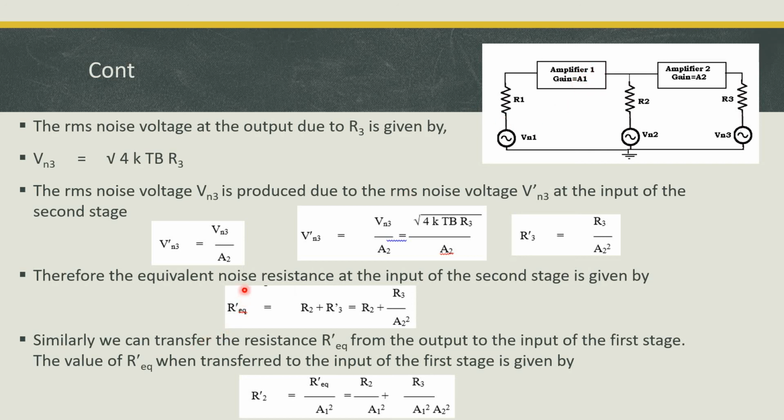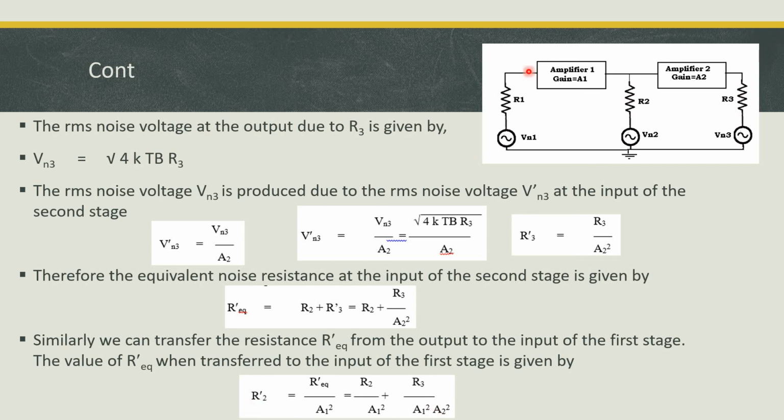So now total R equivalent divided by A1 square. You know that R equivalent is already calculated here. Just substitute here. You will get R2 divided by A1 square plus R3 divided by A1 square into A2 square, because of this A2 you are getting here also. Then in a similar manner we are going to calculate the R equivalent.